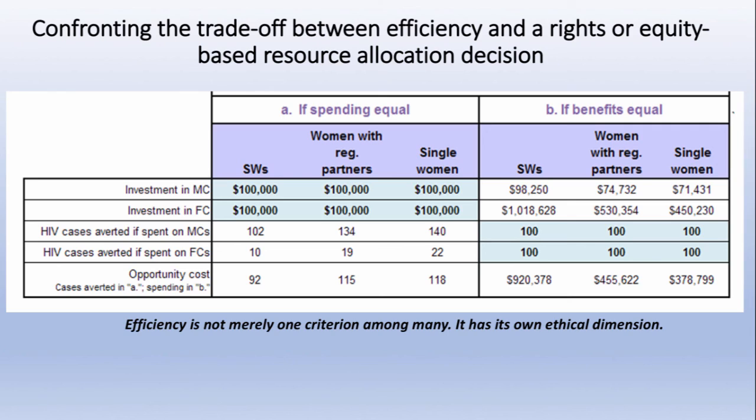So what that means is that you would need to value women's rights or female empowerment enough to absorb an additional 92 to 118 cases of HIV for every $100,000 spent. And remember, about half of those cases, of that 92 to 118, will be women. What about their rights? So what I'm arguing here is that efficiency is not merely one criterion among many. It has its own ethical dimensions.